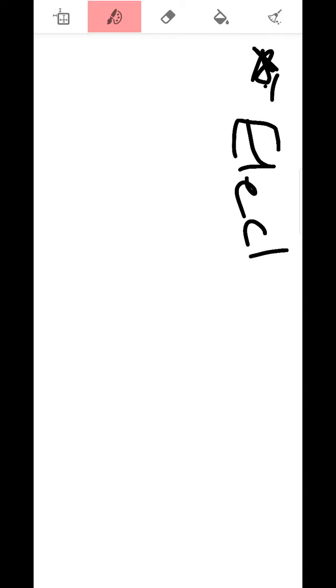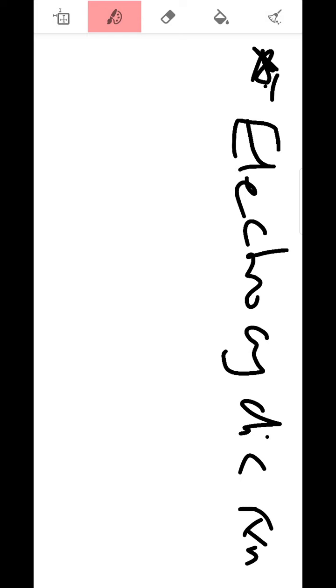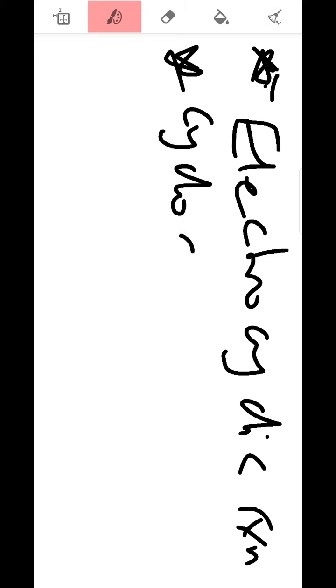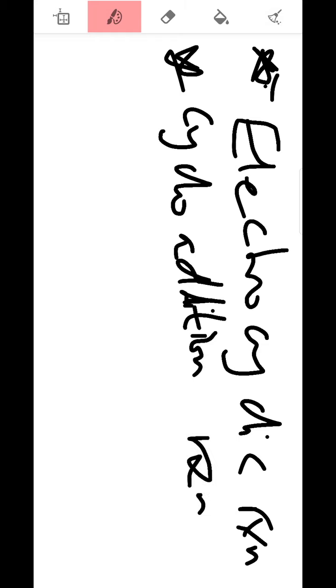That's pericyclic, and it is divided into three. The first one is the electrocyclic reaction. The second is the cycloaddition reaction.